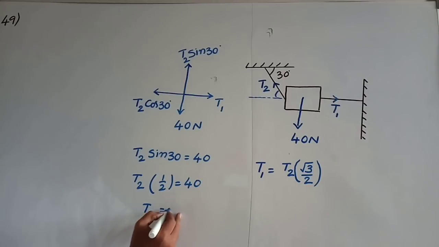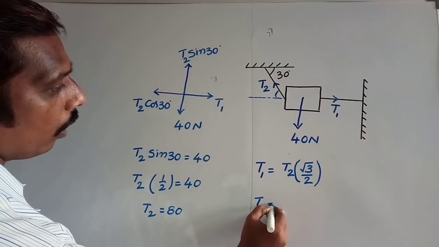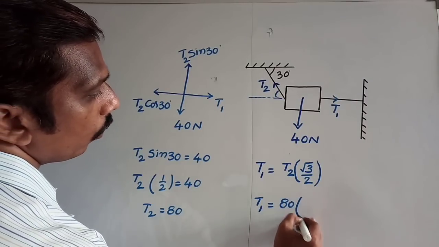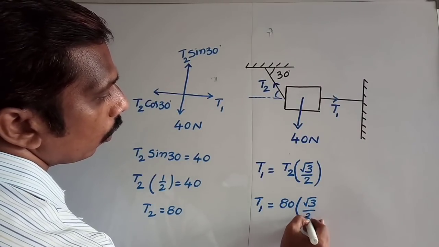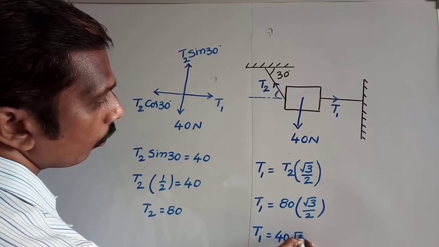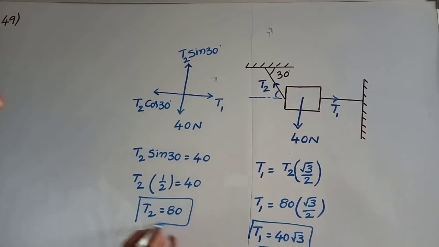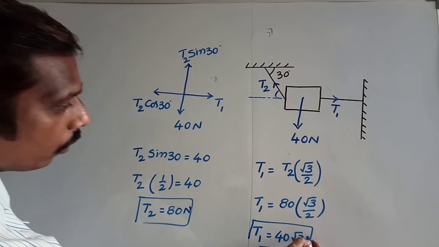T2 is equal to 80. T2 value substitute here, then we get T1 value 80 into root 3 by 2. T1 is equal to 40 root 3 and T2 is equal to 80 Newton. Here also unit is Newton.